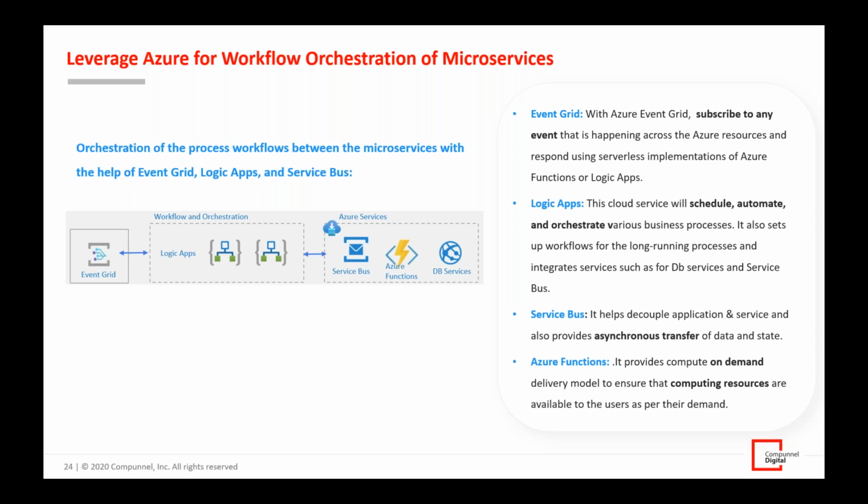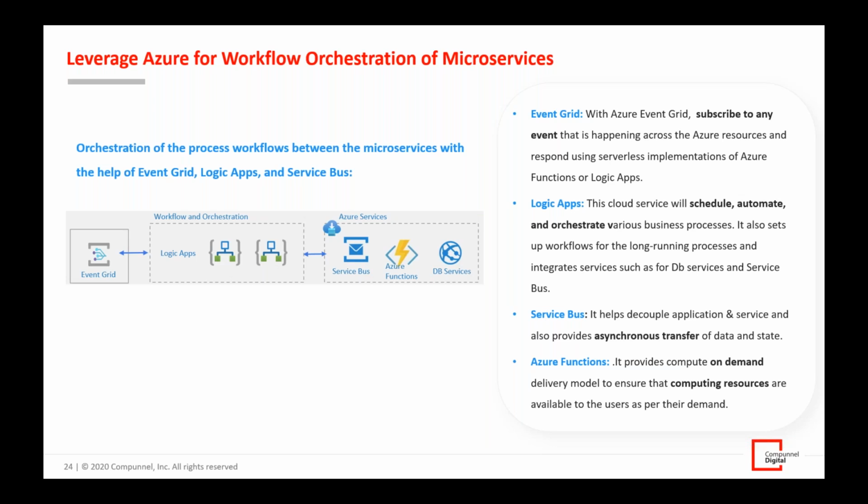Now once you get an event from an API, saying I really want data from this particular microservice, you don't specify how; your workflow engine is going to take care of how to get the data. So it may be getting the data from Service Bus or Azure Functions or DB services, or maybe talking to other services also.